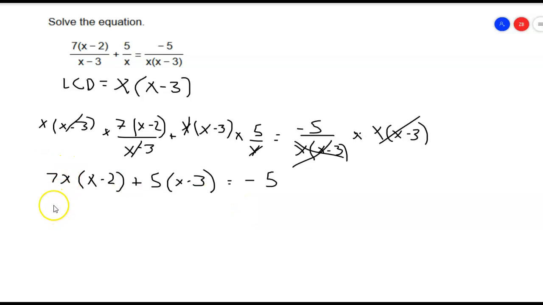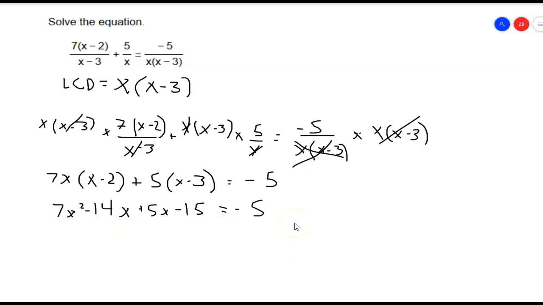Now we go ahead and distribute. So this is going to be 7x squared minus 14x plus 5x minus 15 is equal to negative 5. All right, so I got everything distributed out.